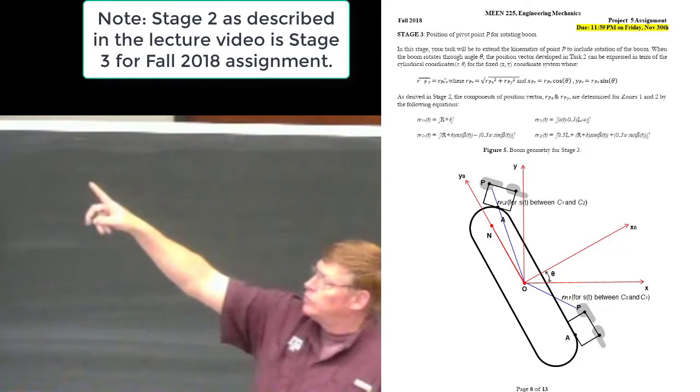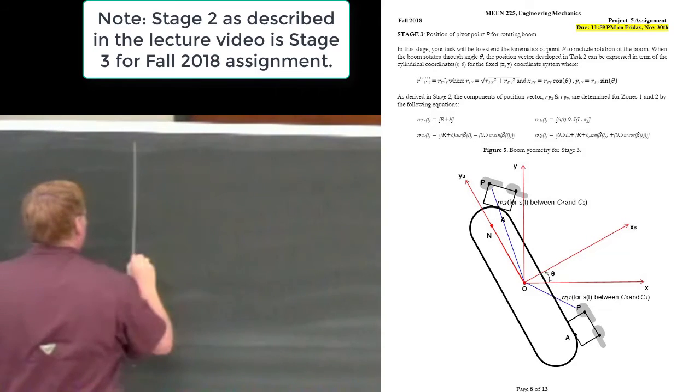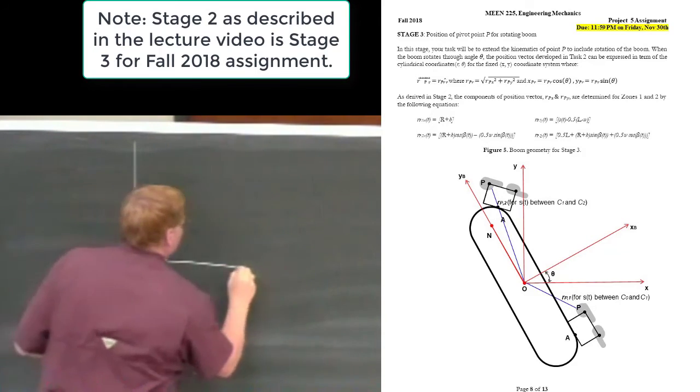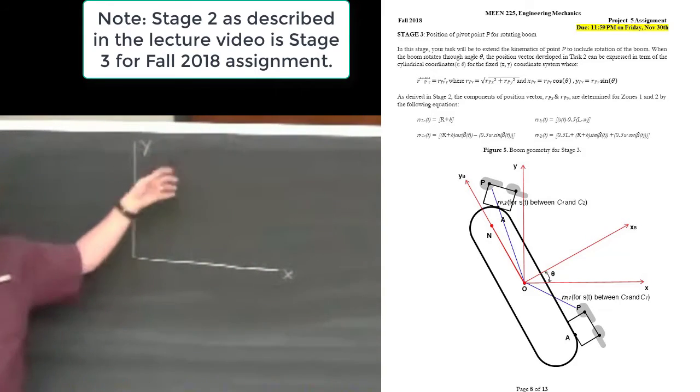Position. You know you can express this. This is my inertial reference frame.